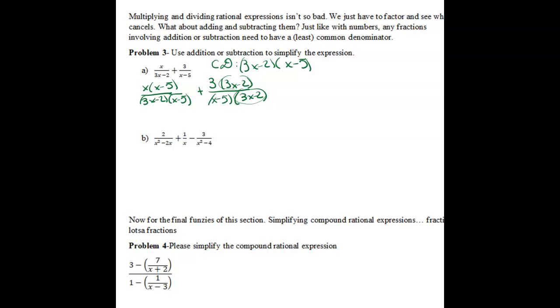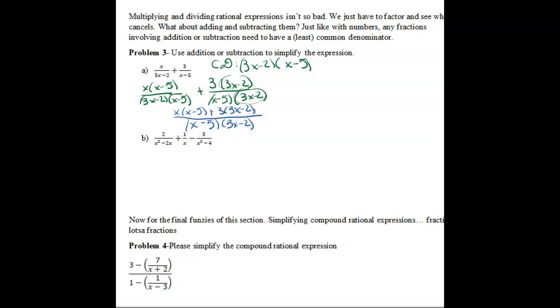So now that these have common denominators, I can combine this into one big fraction, meaning that I can have x times the quantity of x minus 5 plus 3 times the quantity of 3x minus 2 all over this x minus 5 times the quantity of 3x minus 2.